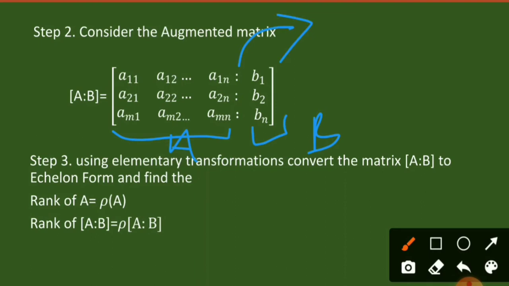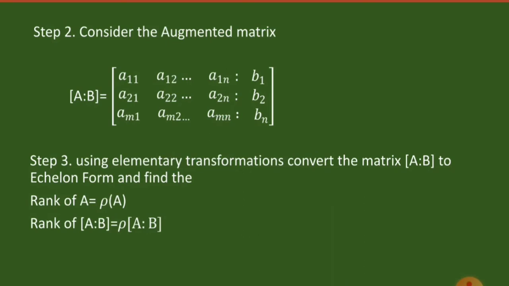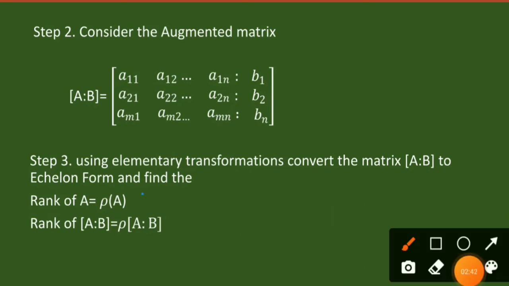So this is the second step, to write the augmented matrix, and in the third step we have to use elementary transformation to convert this augmented matrix A double dot B into echelon form. By using the elementary transformation, we will make the elements below the diagonal 0, and after the echelon form is obtained, we have to write the rank of A and the rank of the full matrix.